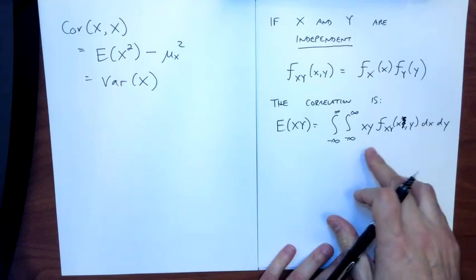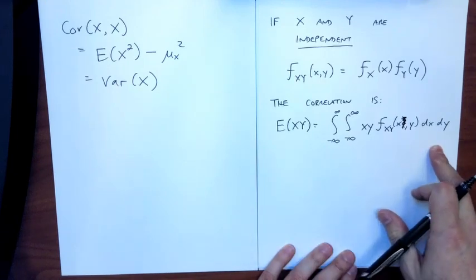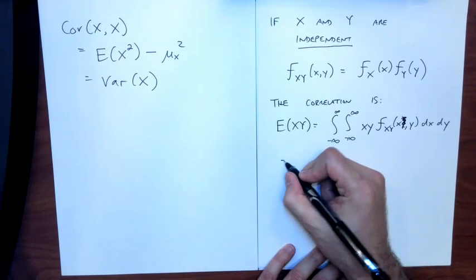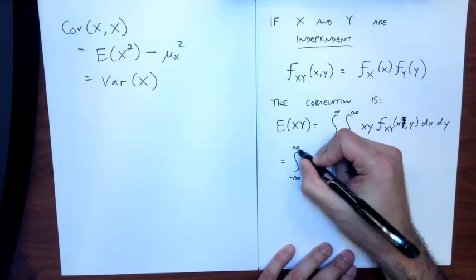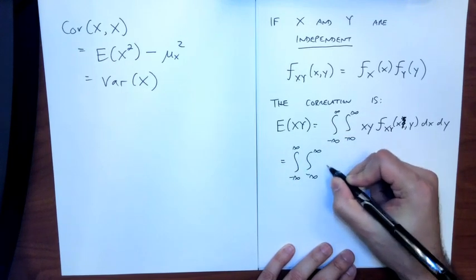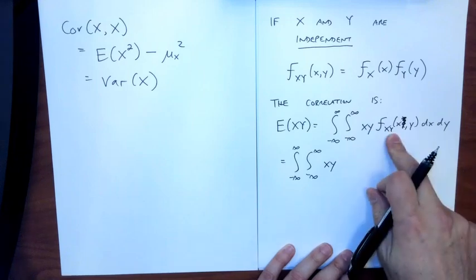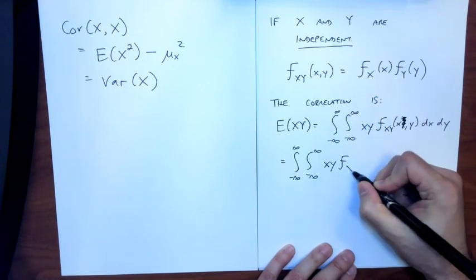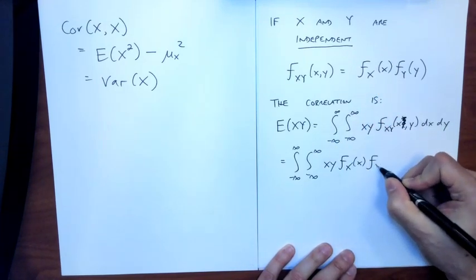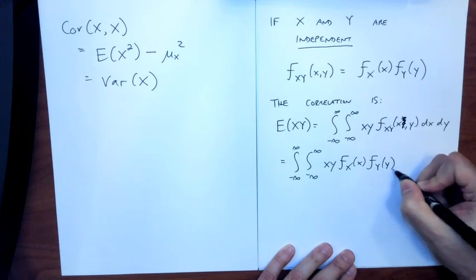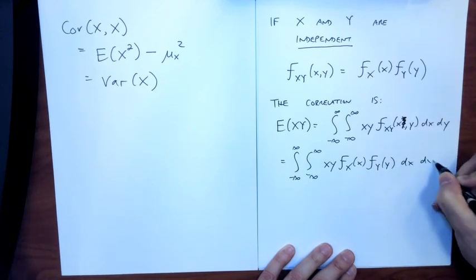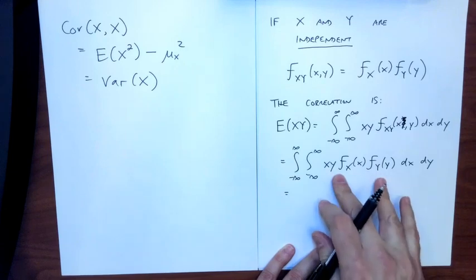So this is the definition of correlation, right? xy times the joint. And now I say, well, okay, if I'm independent, then the joint decouples like this, dx dy. And then this also kind of decouples.